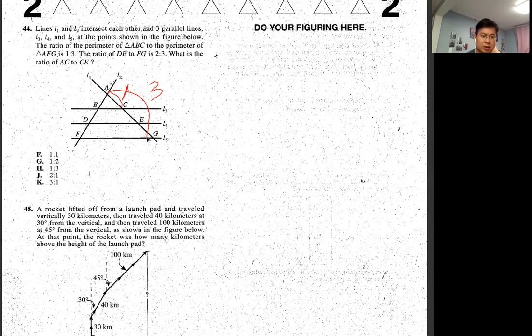And then this is 3. Okay. This is 2 and this is 3. That means the same ratio, 3 and 3. That means this is 2 and this is 1. 1 to 3. So AC to CE is 1 to 1. Basically. Same ratio, you can think of that. Also, any diagram that you see from the ACT Math is all drawn to scale. So you can actually think about how it looks.